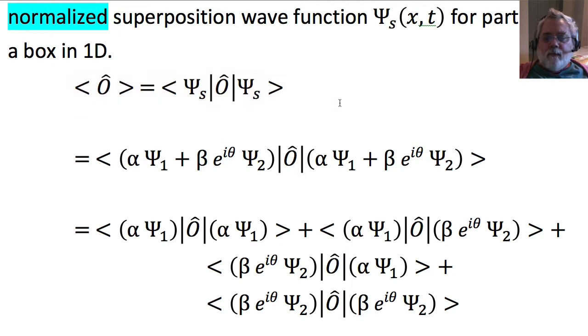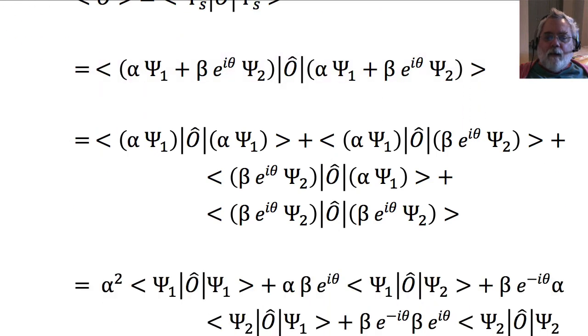And in a previous lecture, I gave some rules of how we could handle the bra and the ket in a sandwich. So we could substitute for psi sub s, and then we can use some of the sandwich rules, or the rules for bras and kets, and we're just doing algebra.